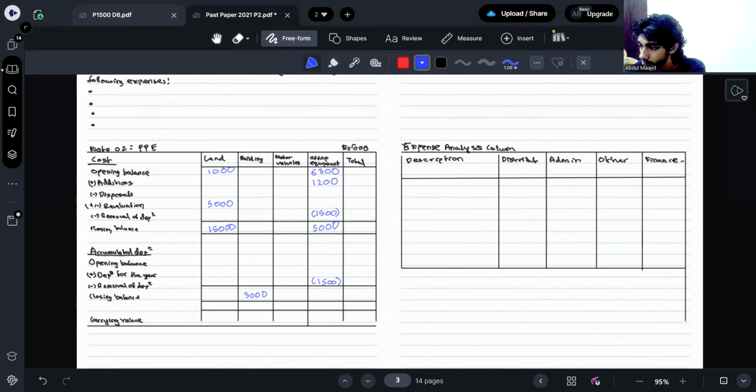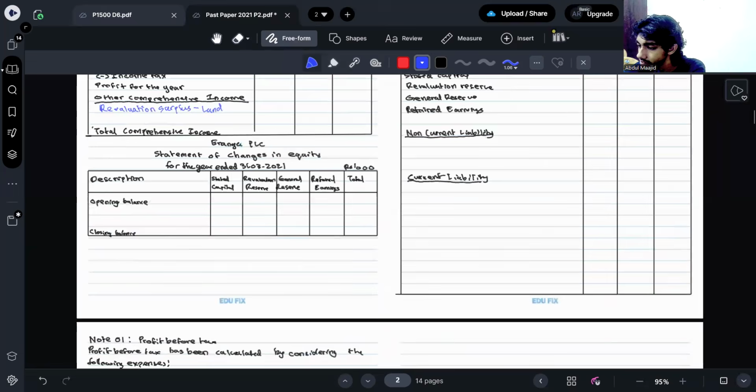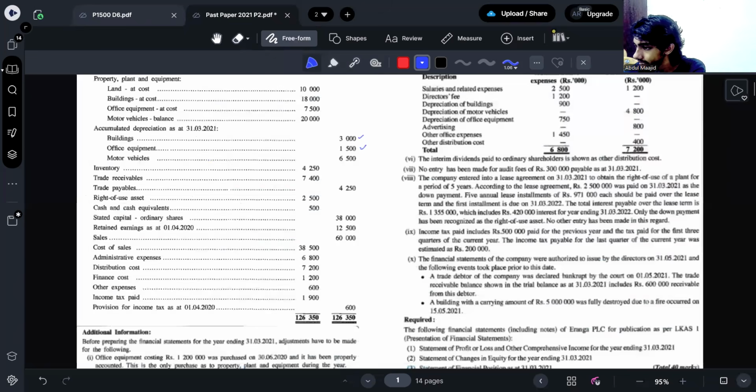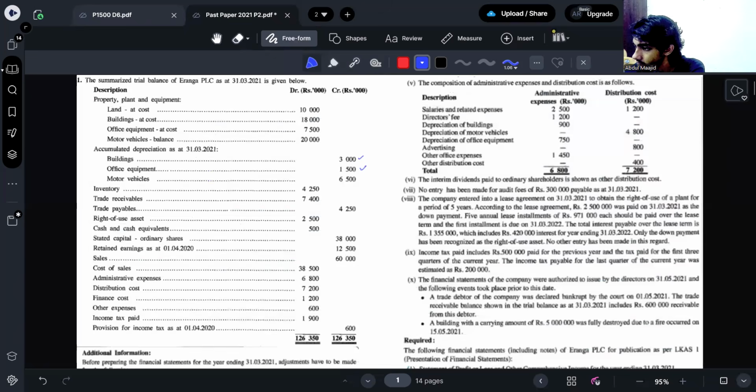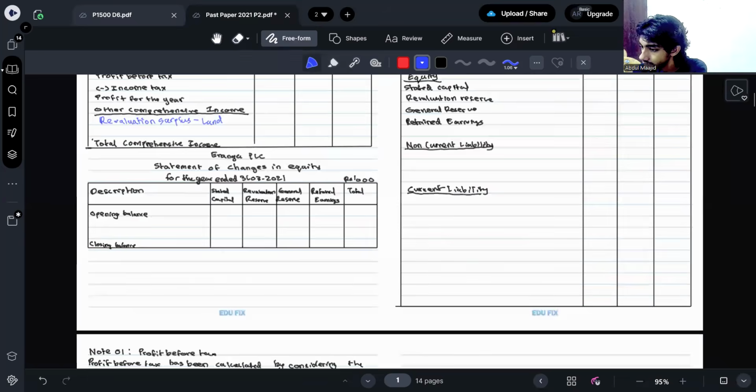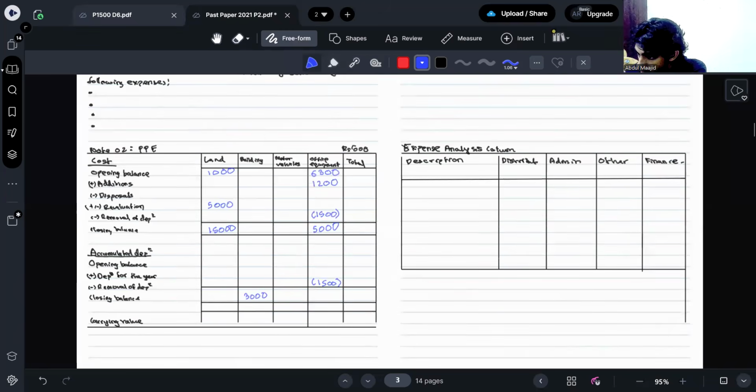Okay. Then now we can find the opening accumulated depreciation this way. Depreciation of building 900, depreciation of office equipment 750. So during the year 900 and 750.